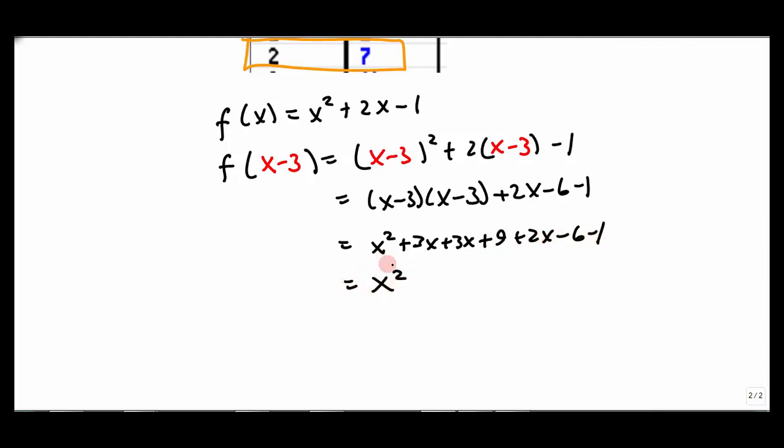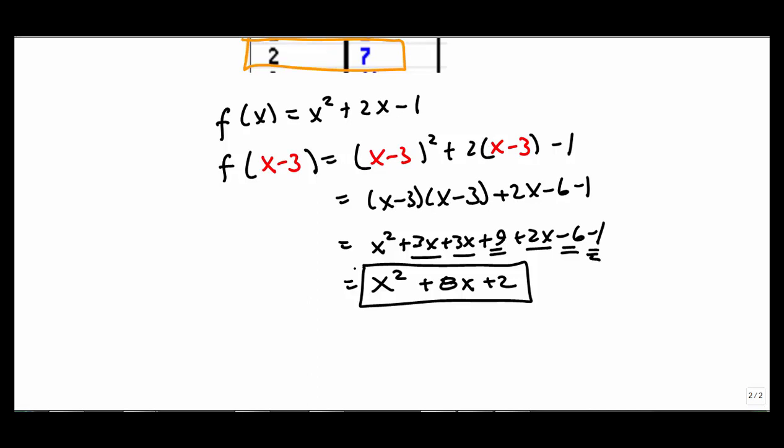So I have x squared plus 3x plus 3x plus 2x is plus 8x. And then 9 minus 6 is 3, minus 1 is 2. So this looks like x squared plus 8x plus 2. So you can evaluate these at points, meaning an integer value, or I can actually evaluate these at different functions. I can input one function into another.